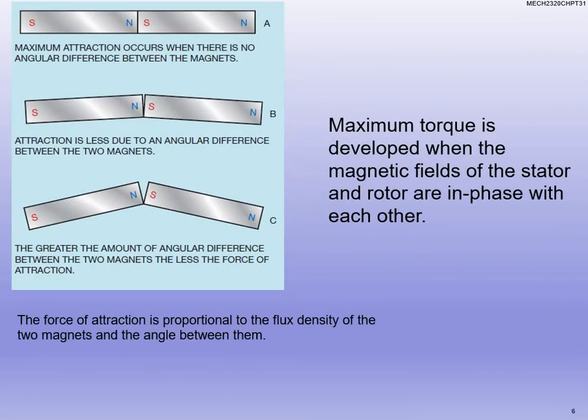How do we create maximum torque? That's when our stator field and our rotor field are in phase with each other. That's when we're at maximum. If we were to take two bar magnets, and that's kind of depicted in the upper left hand display, those magnets are going to be at their strongest when they are right next to each other, perfectly aligned, north and south perfectly aligned for them to attract one another.